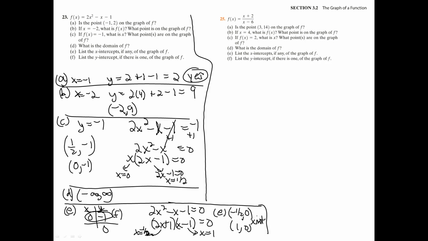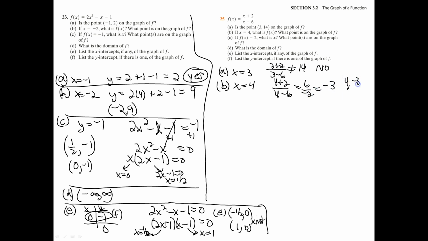The second function here, 25, we have if x is 3, plus 2 over 3 minus 6, that's not 14, so no. If x is 4, plus 2 over 4 minus 6 is 6 over negative 2, which is negative 3, and the point is 4, negative 3.